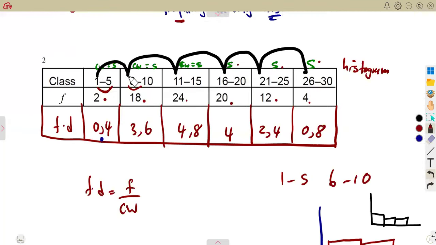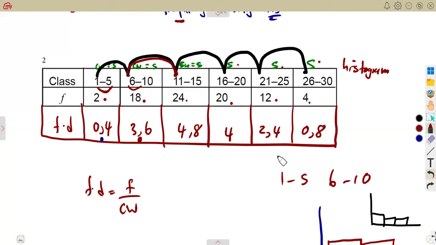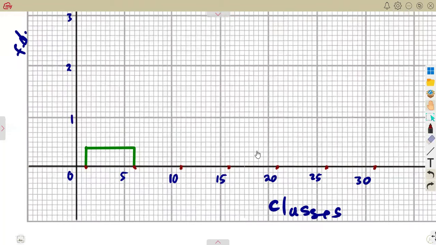So let's move on. We said 6 to 11 versus 3,6. Now it's 6 to 11, from here to here versus 3,6. So we just need to count 3,6.